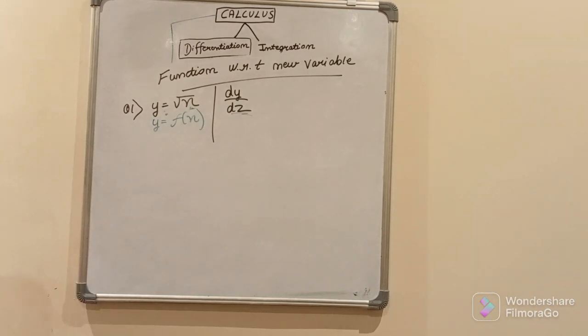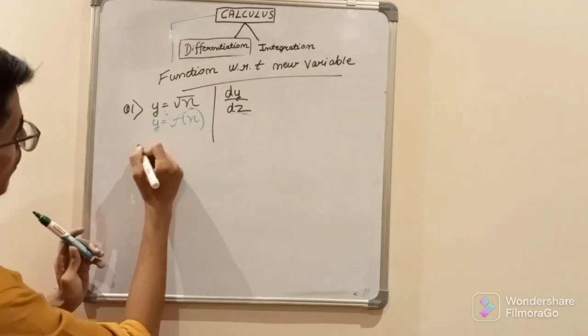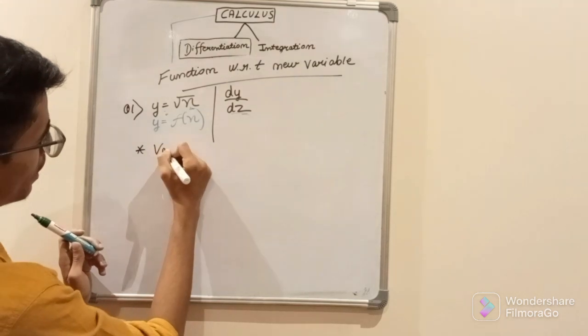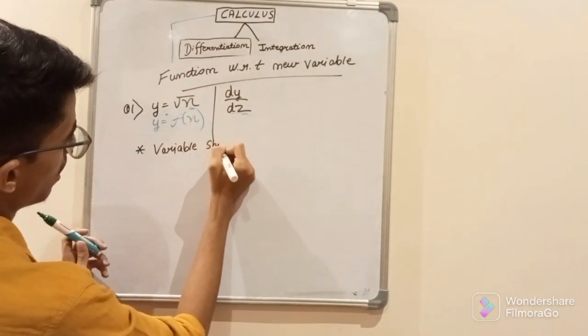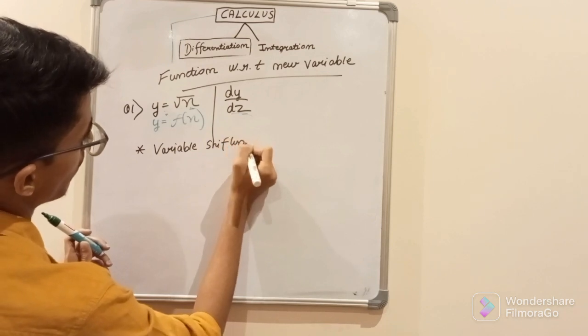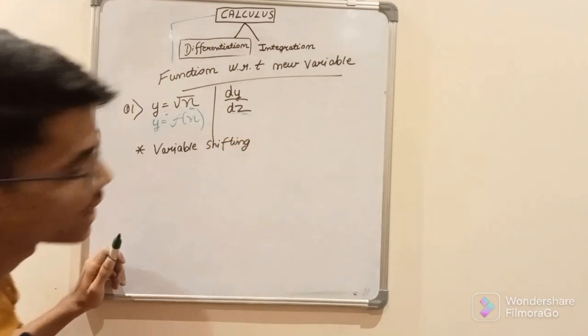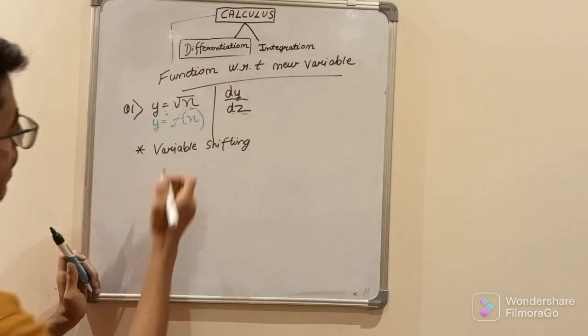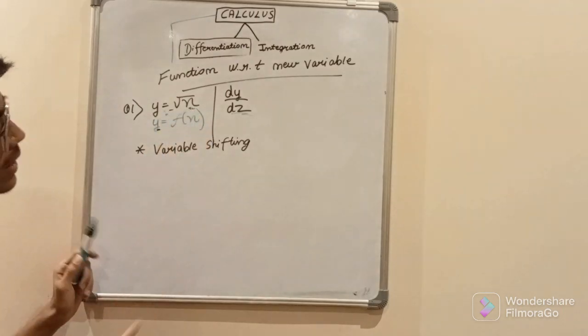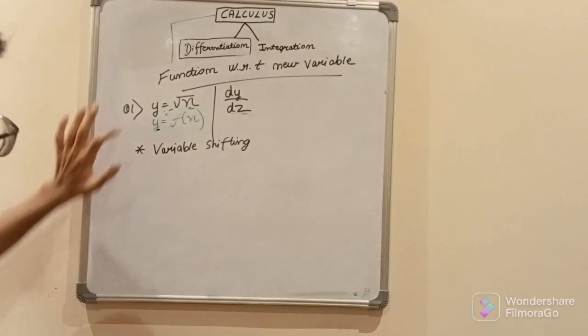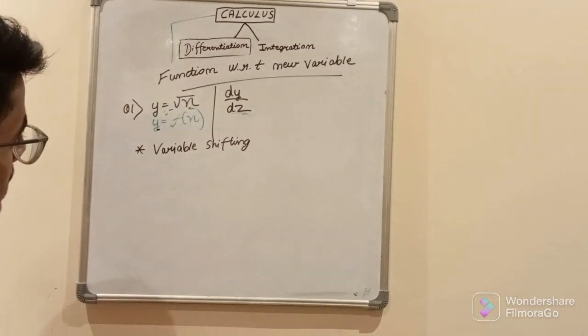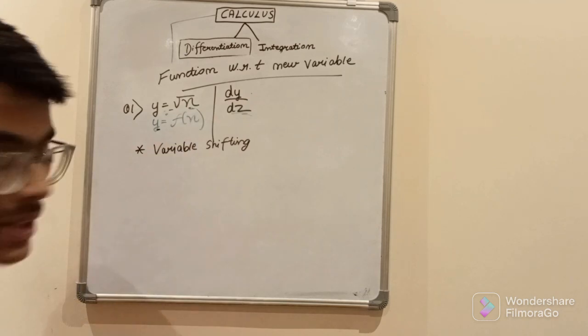So in order to solve this, we have to use a concept known as variable shifting. Now what is variable shifting? This is dy upon dx. So we have to differentiate only and only in form of dy upon dx. But we have dy upon dz.